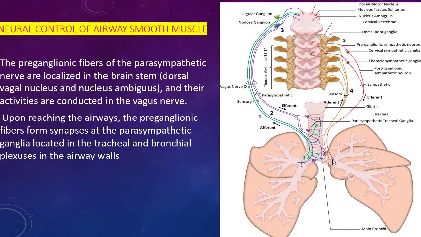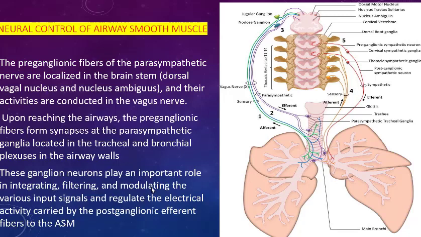Here they make a synapse with the postganglionic neuron, which is actually located in the bronchial plexus. The ganglion neurons play an important role in integrating, filtering and modulating the various input signals and regulate the electrical activity carried by the postganglionic efferent fibers to the airway smooth muscles.